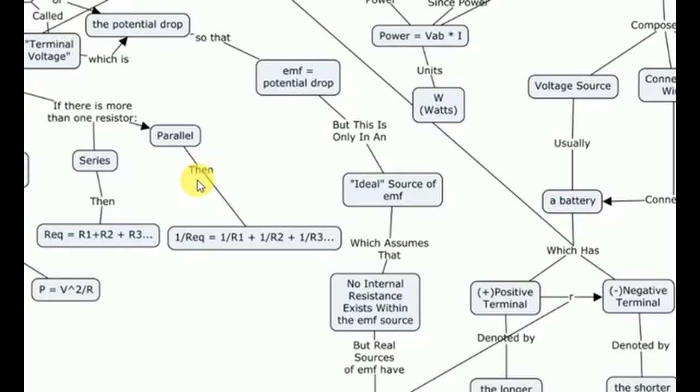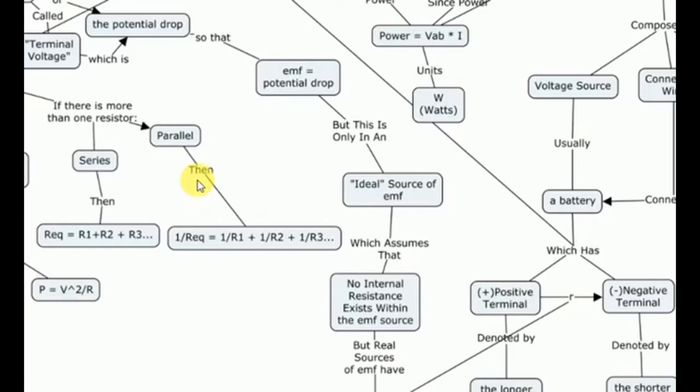This assumes that there is resistance outside, where the current moves from the high to the low potential. There is resistance, and this is why the terminal voltage, we say, is equal to the current times the resistance. So in ideal sources, we assume that there is an outside resistance, but that there is no internal resistance inside the battery, inside the EMF source.